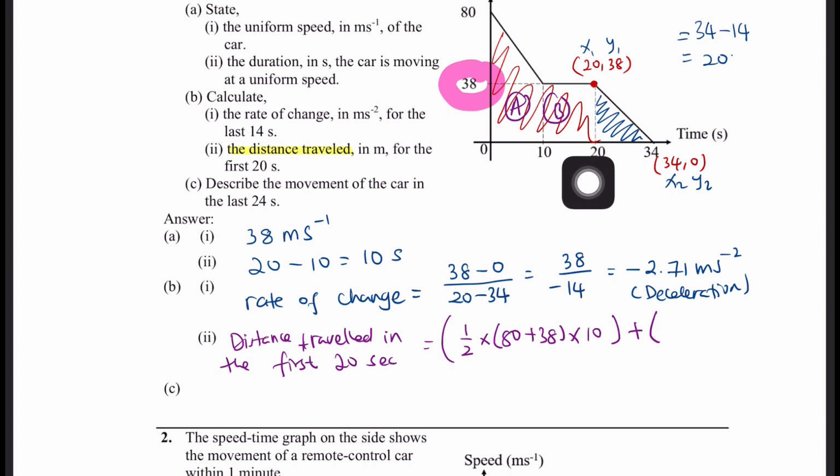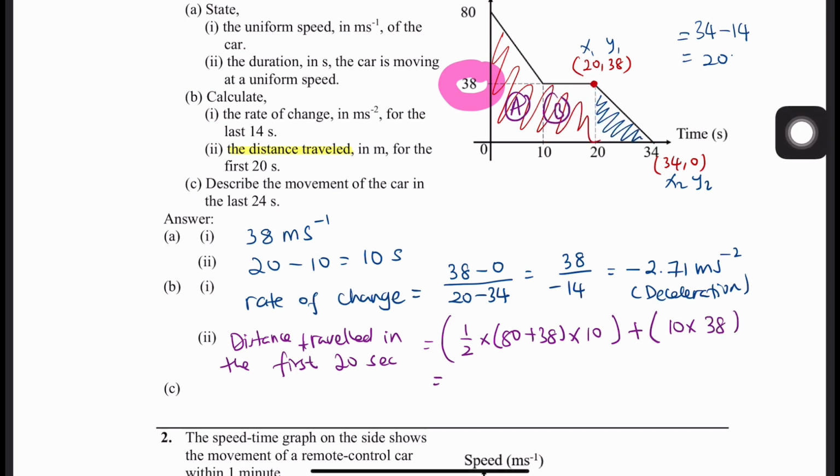So 20 minus 10 is 10 times the height is 38. Okay, so boleh press your calculator. So press your calculator and your final answer is 970 meter.